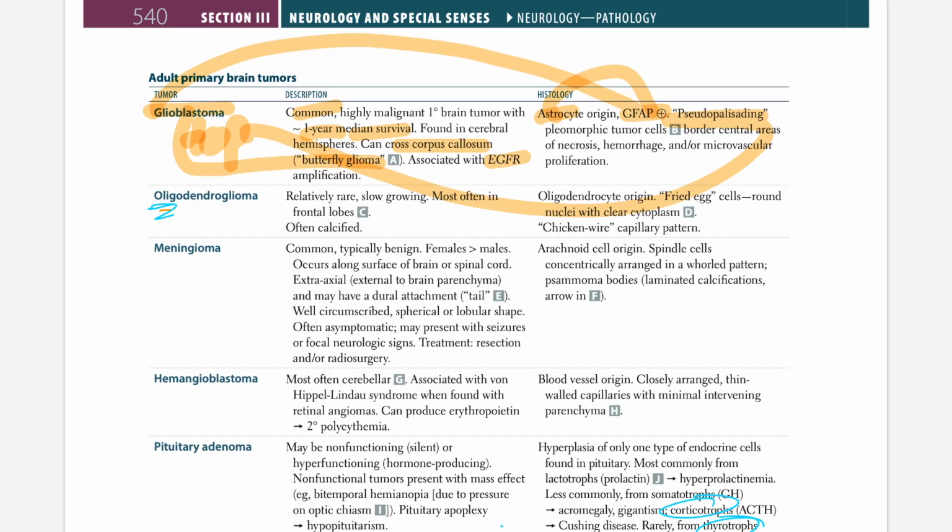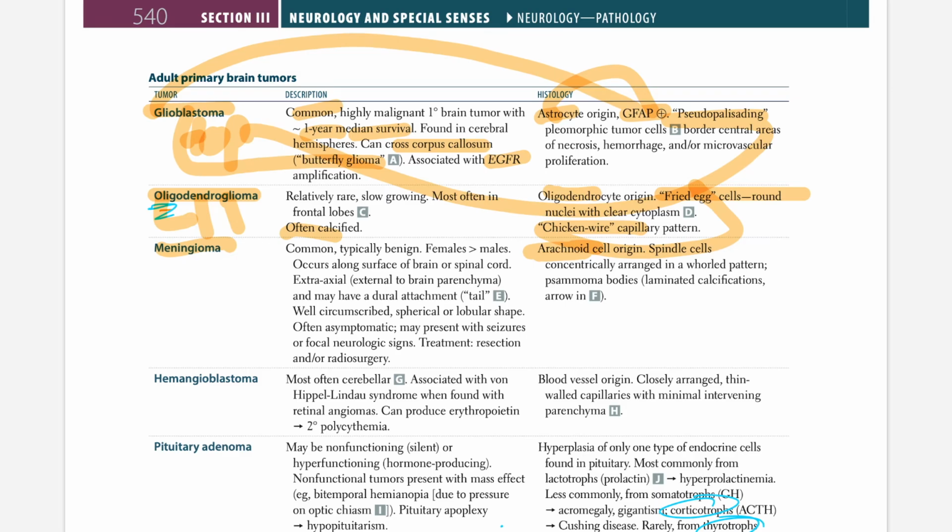Okay, the next one is oligodendroglioma, meaning oligocytes. Ego means fried egg appearance. Chicken wire capillary pattern, and calcification is also seen with oligodendroglioma. Then you have the meningioma. Meningioma is coming from meninges, with arachnoid cells.